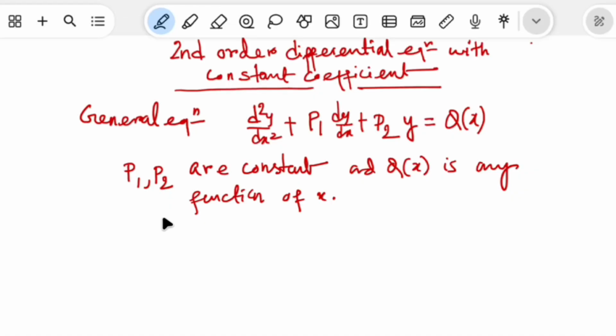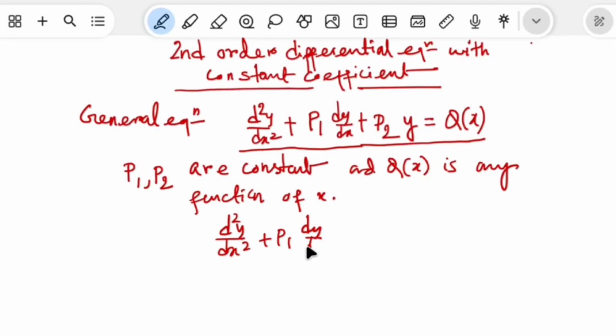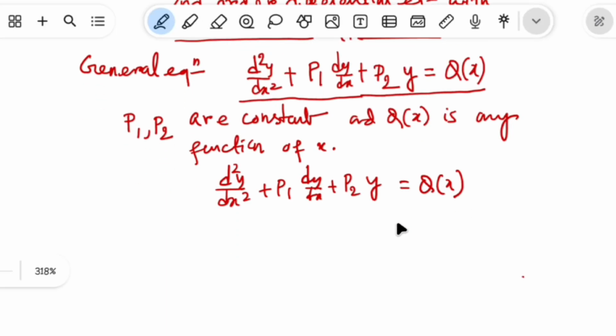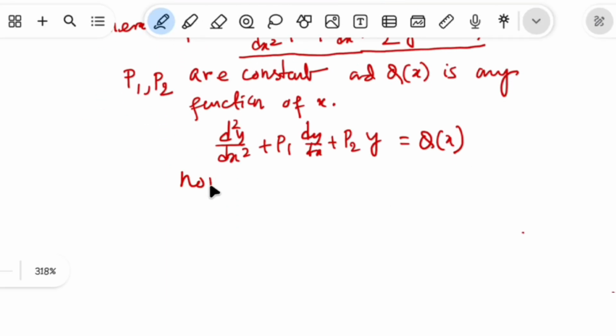Now see students, if we have this form d2y/dx2 plus p1 dy/dx plus p2y equals to q(x), then we call it a non-homogeneous equation.